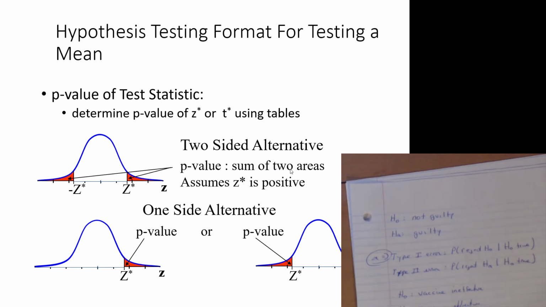Because it's a symmetric distribution, both the t and the z are symmetric, we just calculate the area in one tail, multiply it by 2, and we've got the area in the two tails. So that part's not too hard. Just two tails. That's where the word two-tailed comes in.